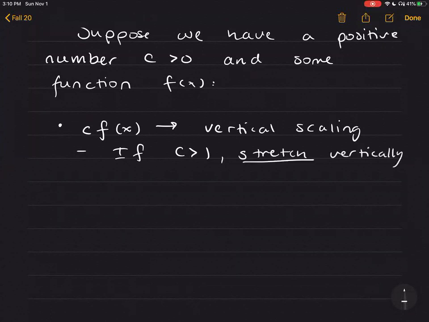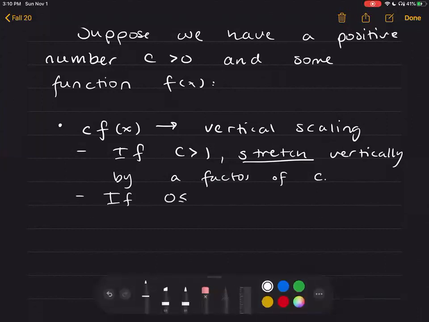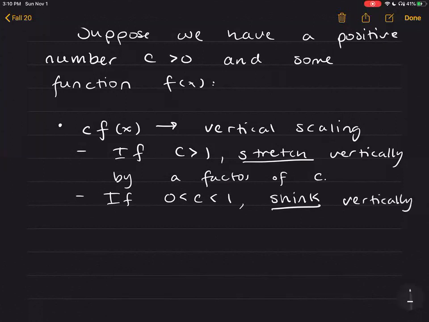So it's going to be a vertical stretch by a factor of c. Okay. And then if c is between 0 and 1, this is going to be a squeeze vertically by a factor of c.